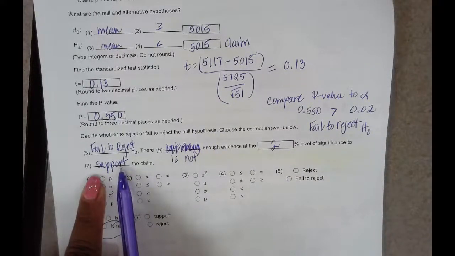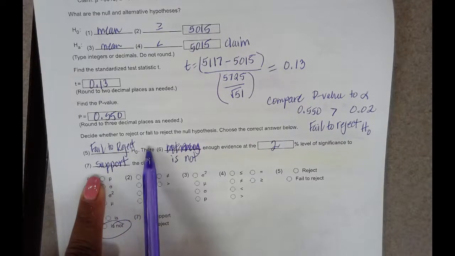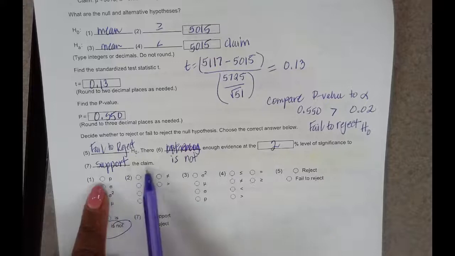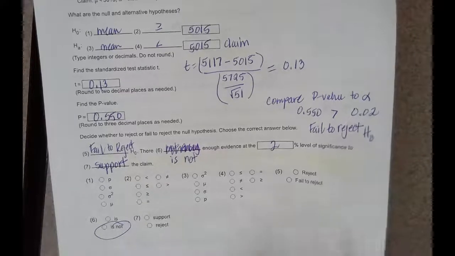So here we have another example of that. So fail to reject the null. There is not enough evidence at the 2% level of significance to support the claim. Okay, let's go to number 10.